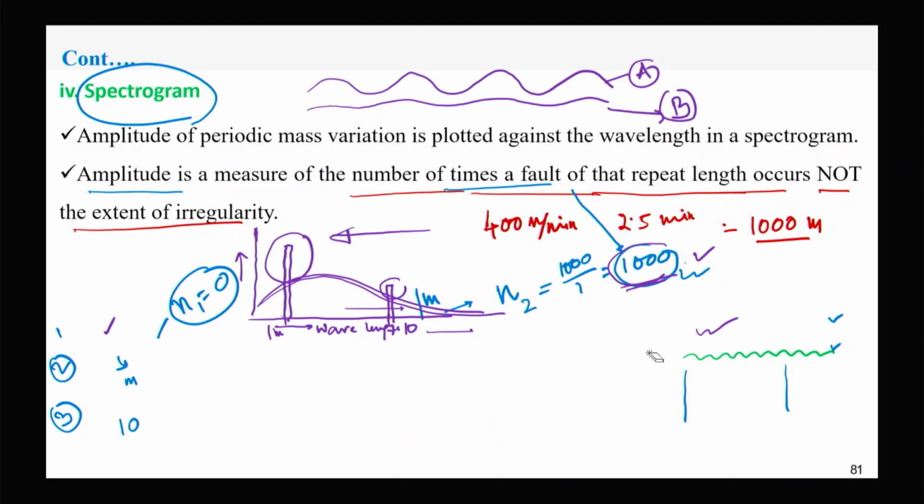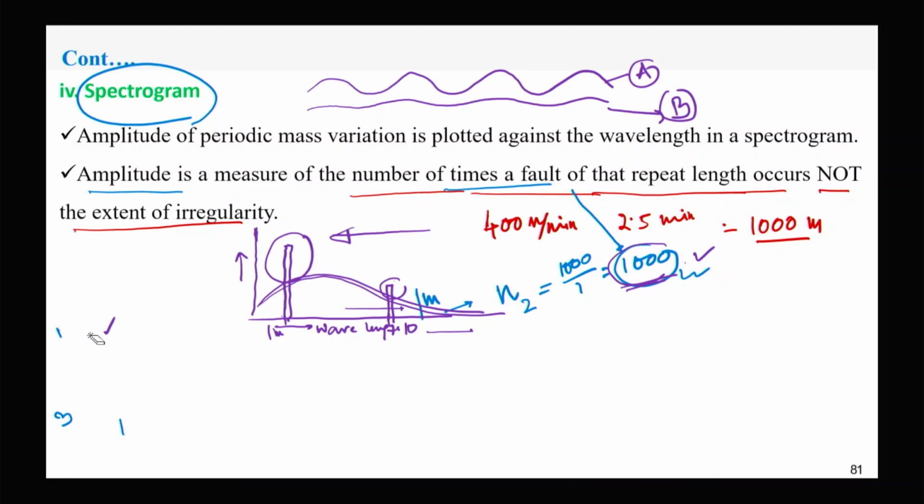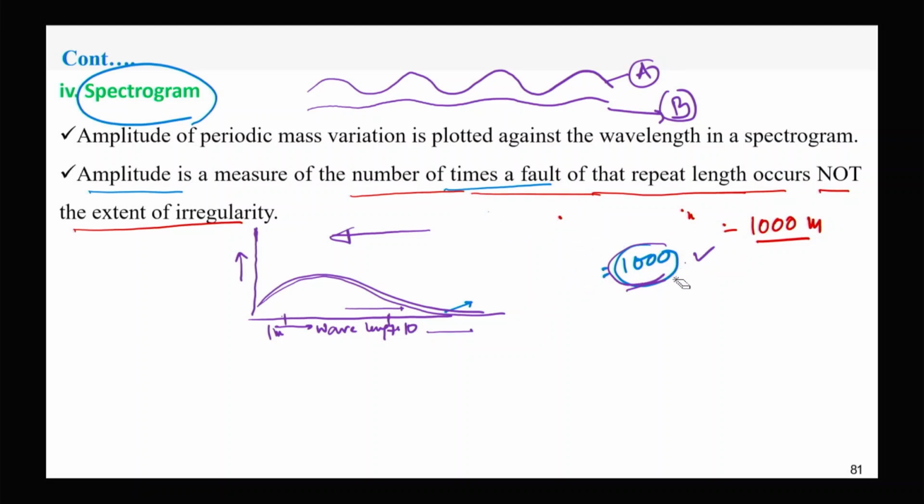So let us now consider two yarns of wavelength 1 meter. One meter wavelength, two yarns we are considering.